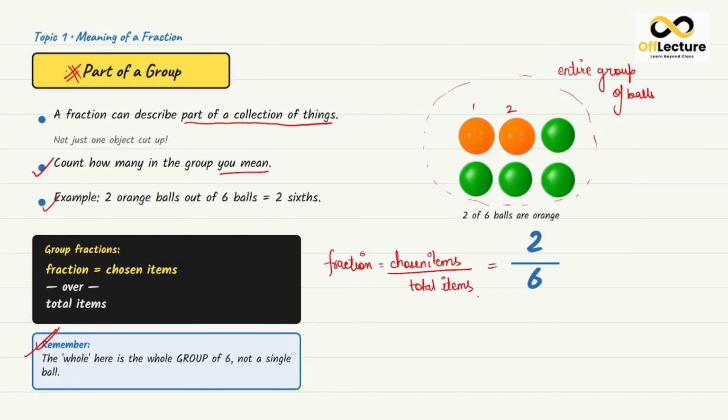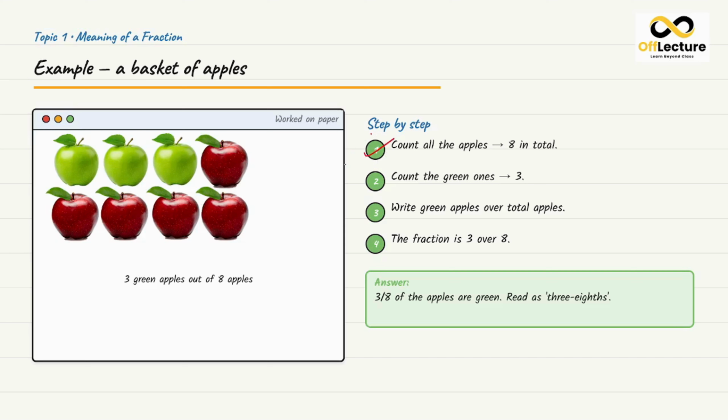Let's see an example of it. There are 8 apples available with us, out of which 3 are green. So if we want to write the fraction of green apples over the entire group, how will we write it? We will first count all the apples. So there are 8 apples overall. Then we will count the green ones.